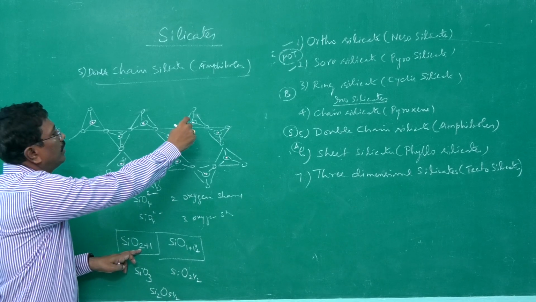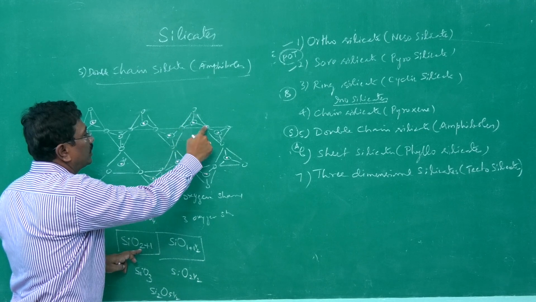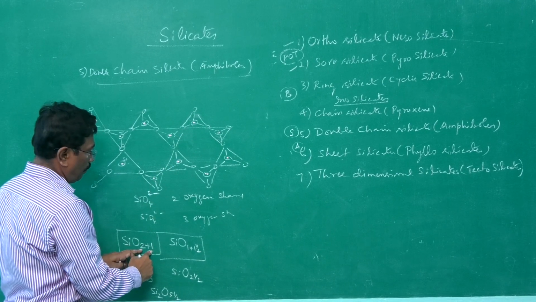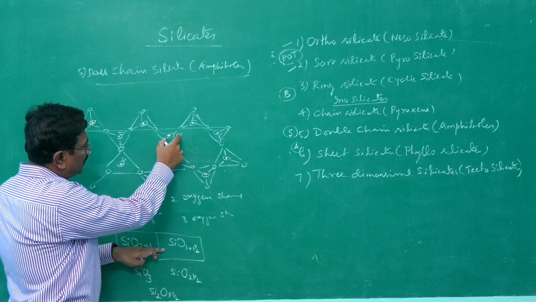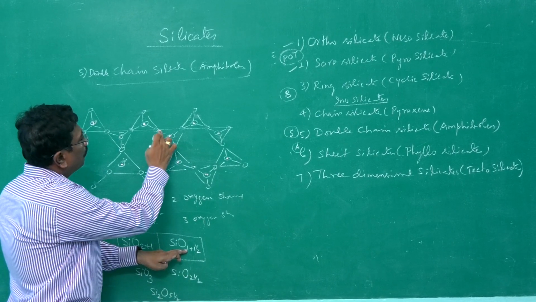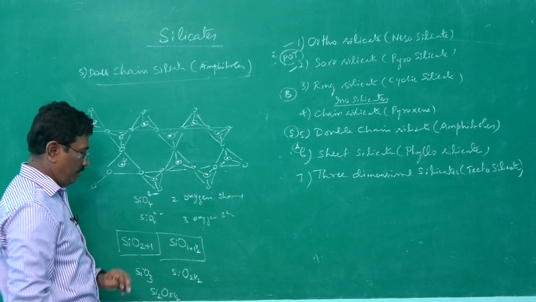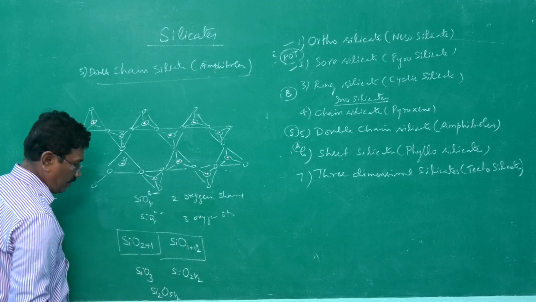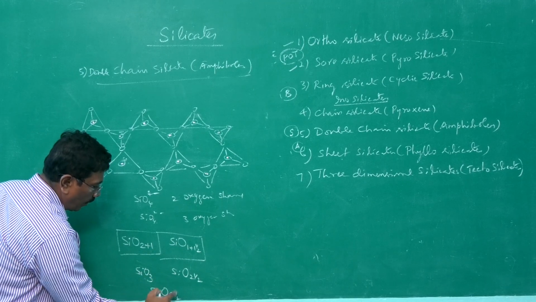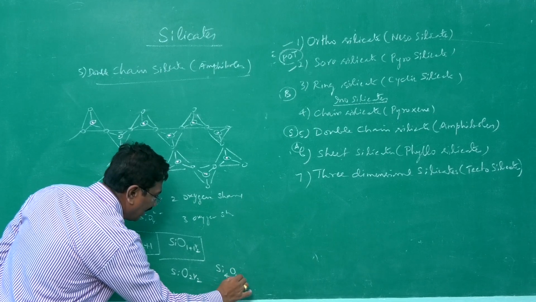2 exclusively for this, 2 share half, half, therefore 1. If you go in for this SiO4 4 minus unit, 1 exclusively for this, remaining 3 contribution half plus half plus half 1.5, therefore 2.5. Si2 O 5.5. If I sum up Si4 O11.